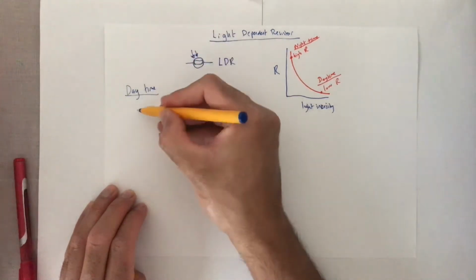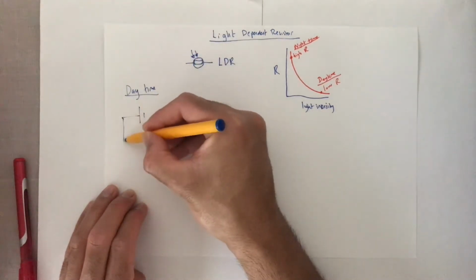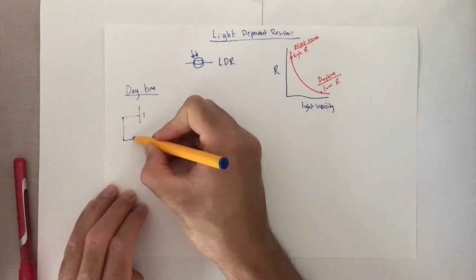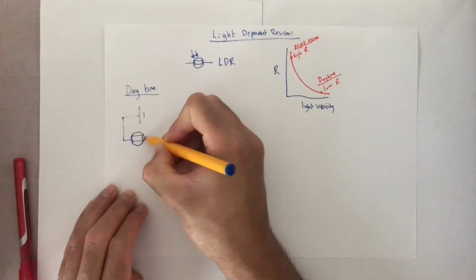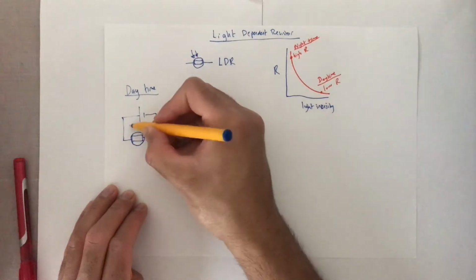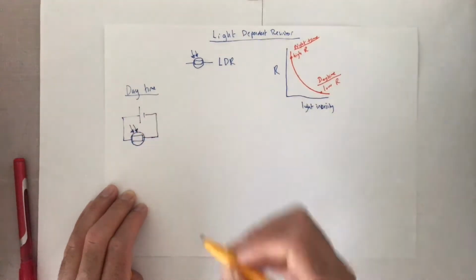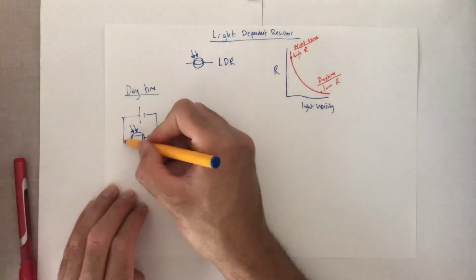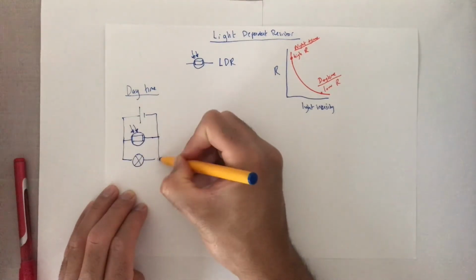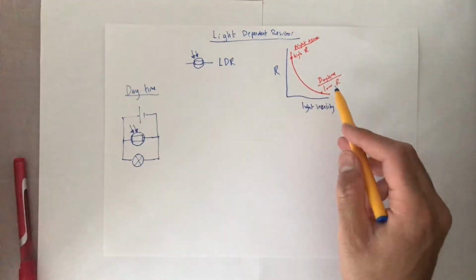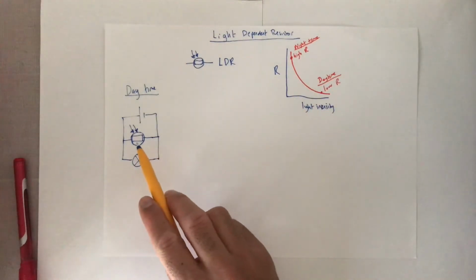In the daytime, if you have a very simple circuit like this, you have the LDR connected to a circuit, with two arrows to represent that light is shining onto it. This here might be connected to a filament lamp. What's actually happening in the daytime is that we've got a low resistance through here.